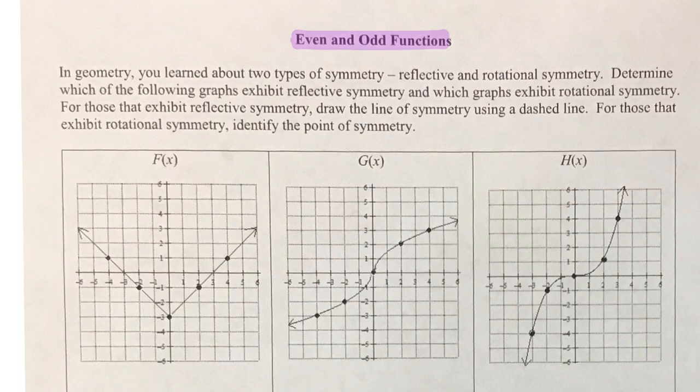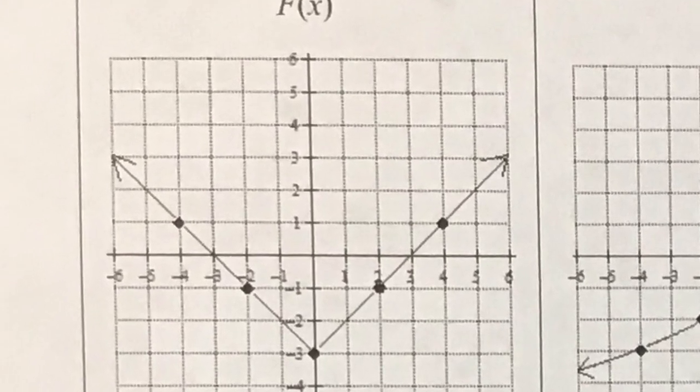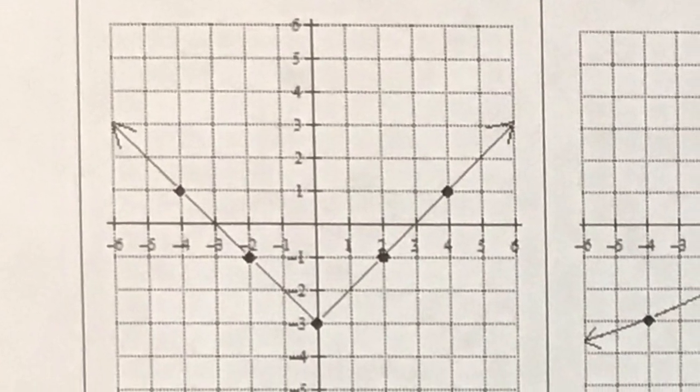Okay, so like it says in geometry, we had two types of symmetry: reflective symmetry and rotational symmetry. So looking at these graphs here, look at F. What type of symmetry do we notice with the graph of F? So this graph has reflexive or reflection symmetry.